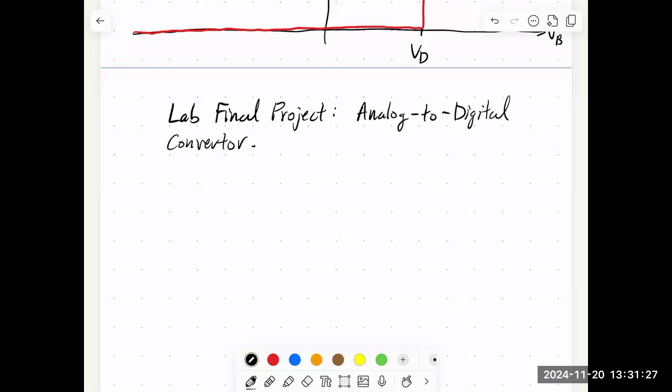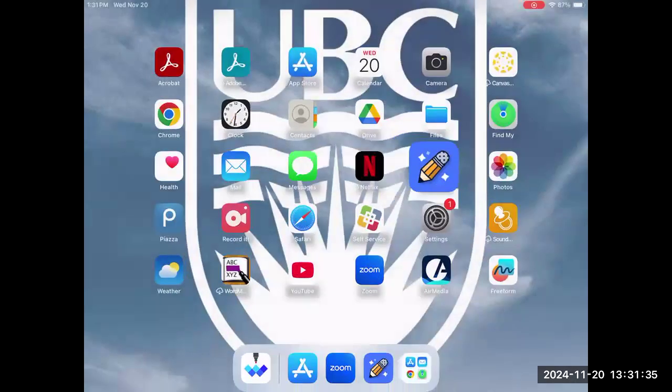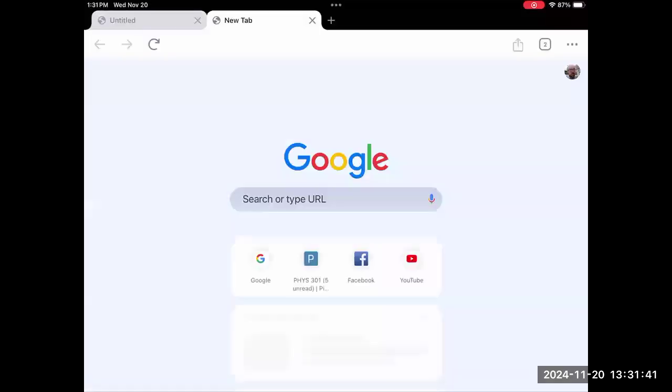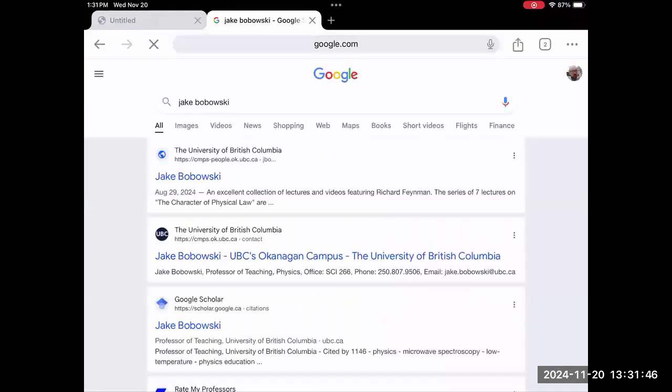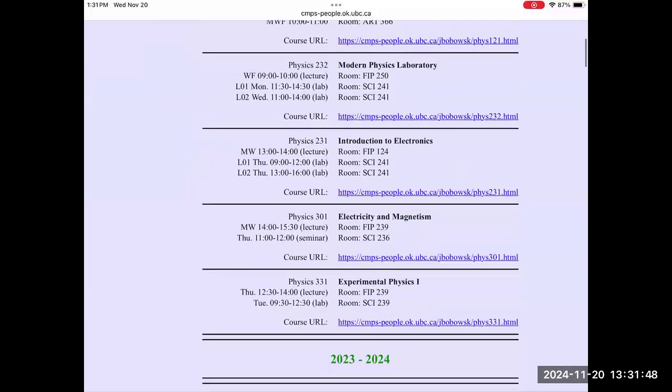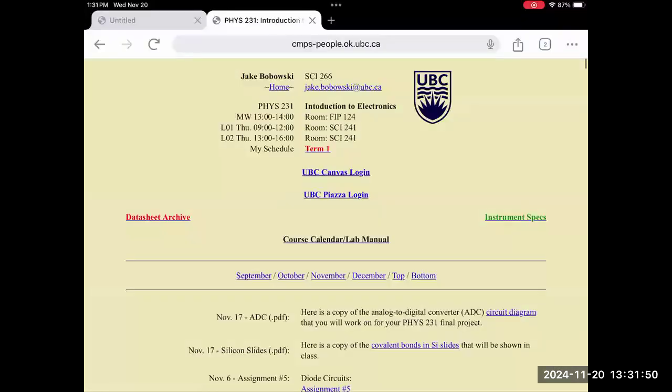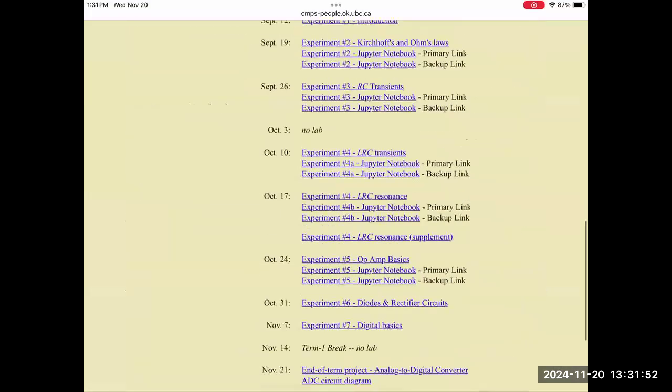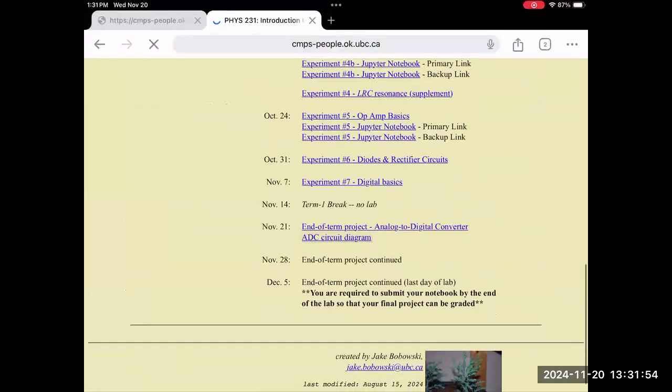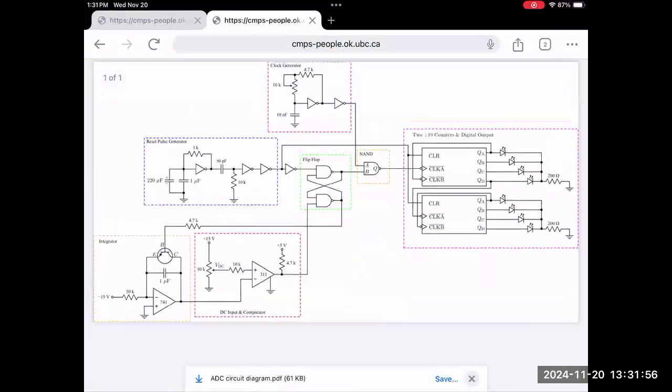The way we're going to do the lab is we're going to break it up into little parts. If you look in the lab manual, in fact, maybe I can show you. Let's see if I can find it quickly. All right, 231 lab manual. I think I've got a picture of this circuit that we're going to build.